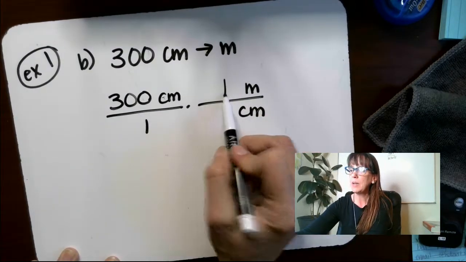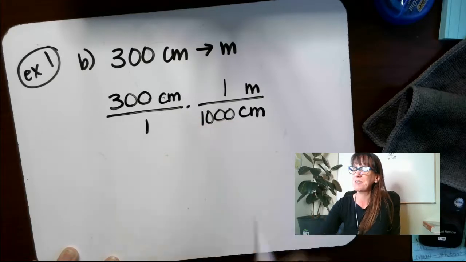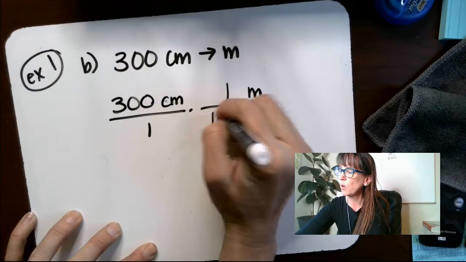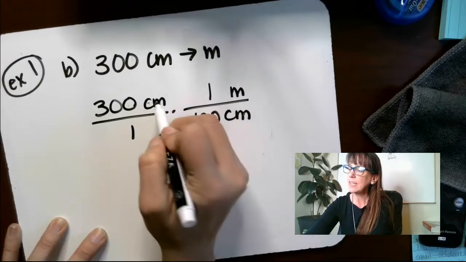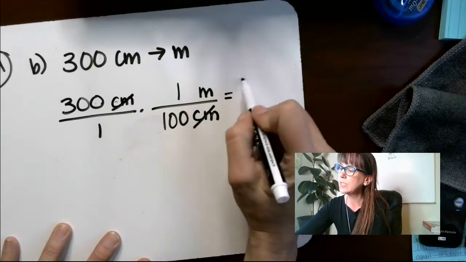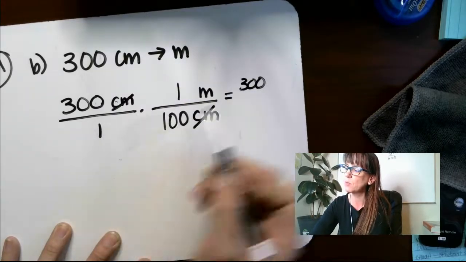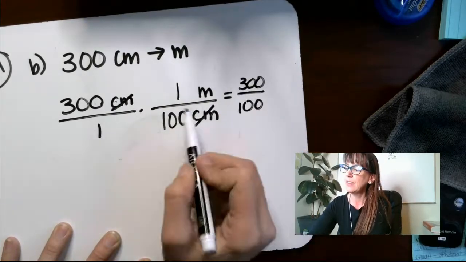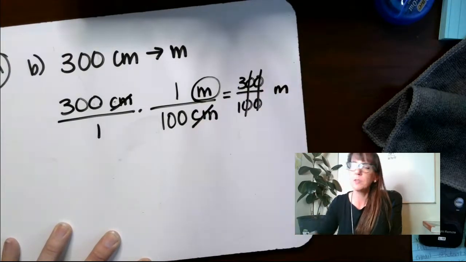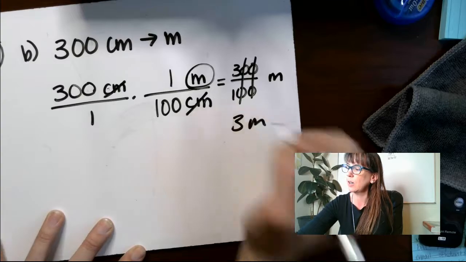In 1 meter, there are 100 centimeters. So now I can cancel these guys out, right? Upstairs, I have 300, downstairs, I have 1 times 100, so 100. And the only unit I have remaining is meters. It is 3 meters.